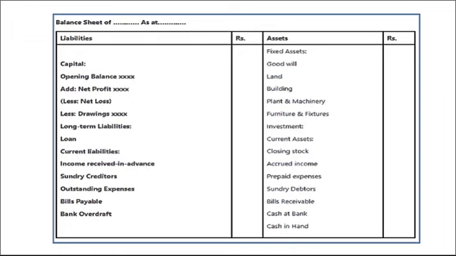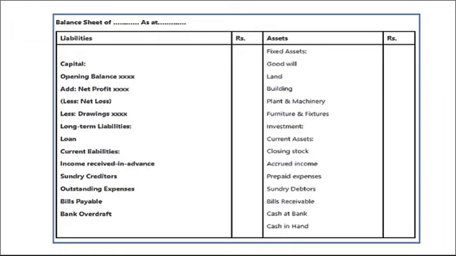On the liability side, we first maintain capital, the capital opening balance. The profit earned during the year, the net profit, should be added to the opening balance of capital. In case of net loss, we deduct it from the capital. After that, any drawings by the owner we deduct. Then the final figure we show in the outer column.